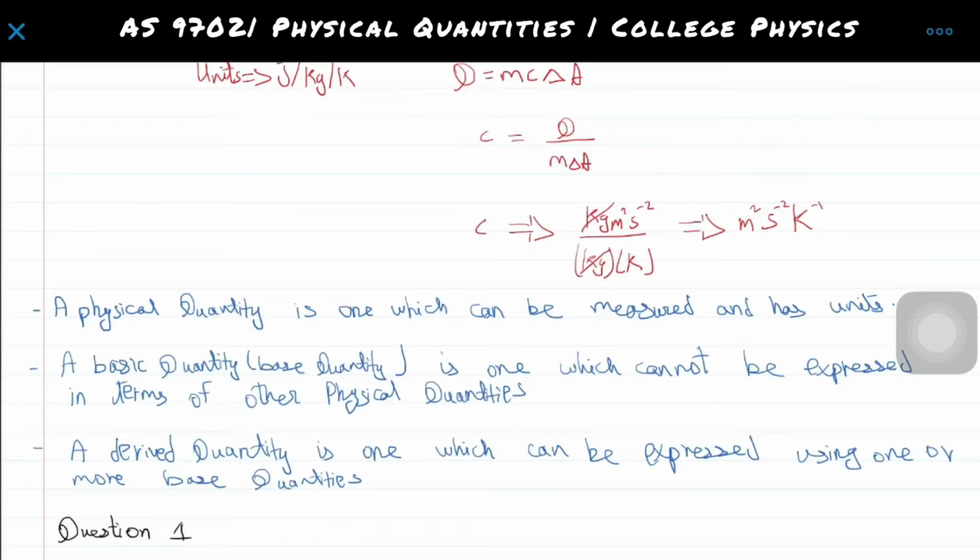A derived quantity, however, is one which can be expressed using one or more base quantities. As we derived the quantities earlier, we came to know that those quantities were basically composed of the different base quantities. So that's about it.